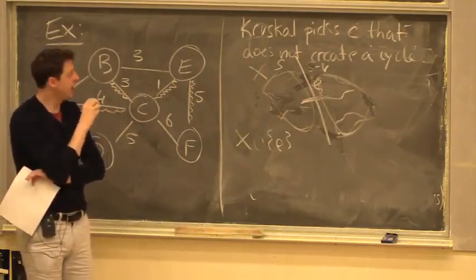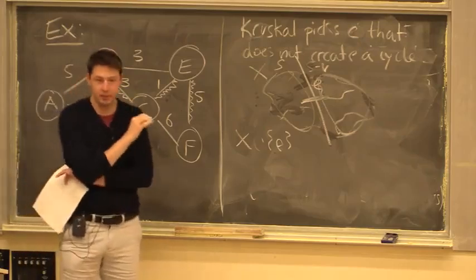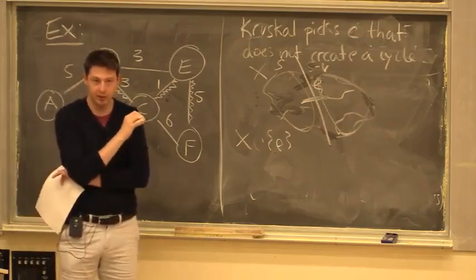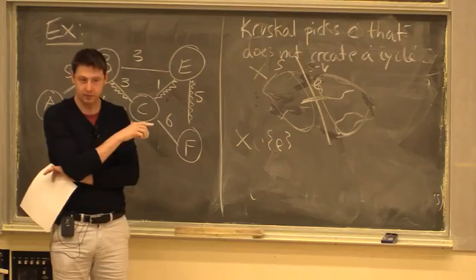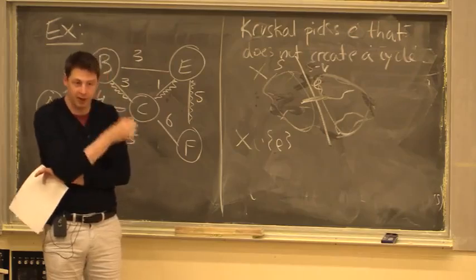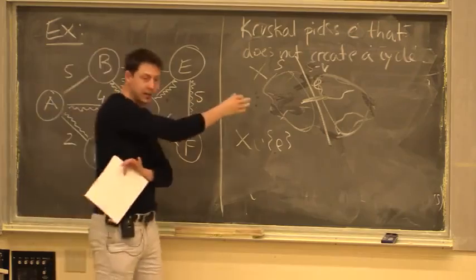And because E is the cheapest edge so far, it must also be the cheapest in the cut. Because if I have already chosen some other edges, they will already be in X.